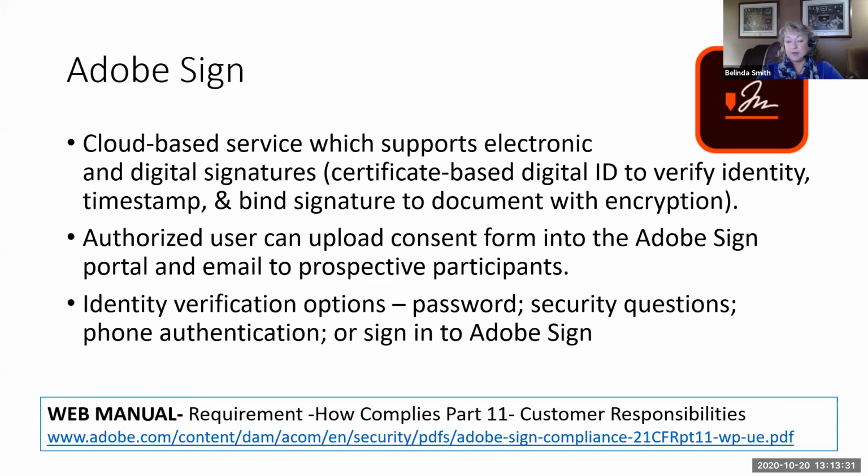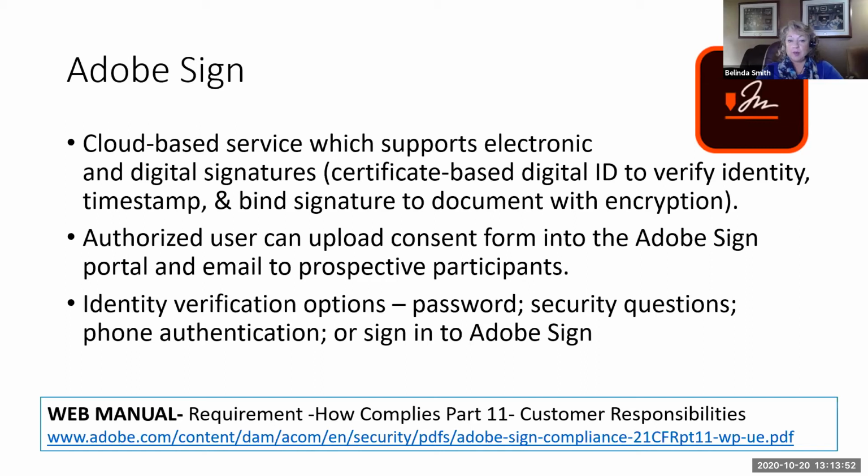Adobe Sign, some of you have experience with that. It's actually the only one I have experience with, because we use it for our standard operating procedures, since we're able to send it to our director, IRB members, or chairs in sequence and get all of those signatures in one send. It's cloud-based.